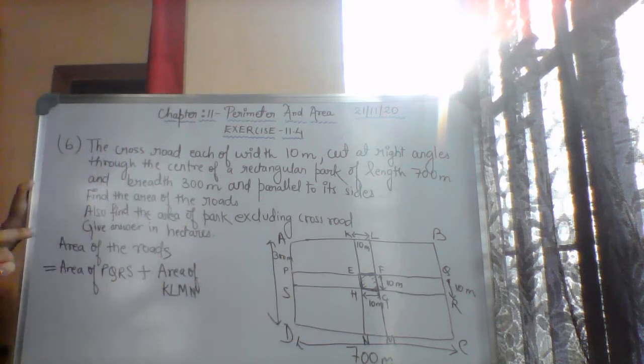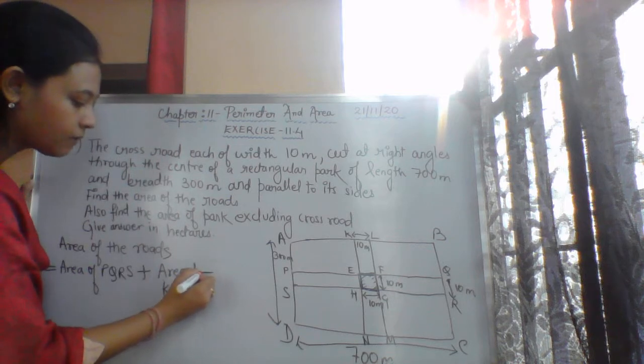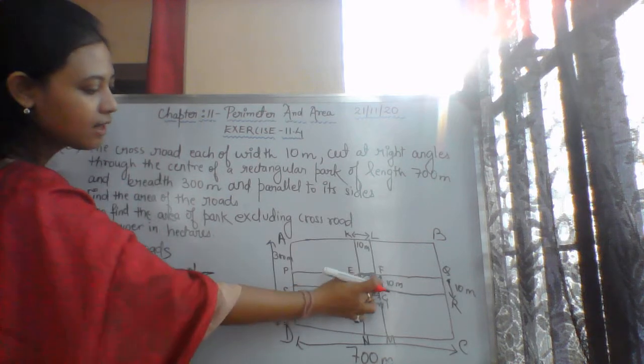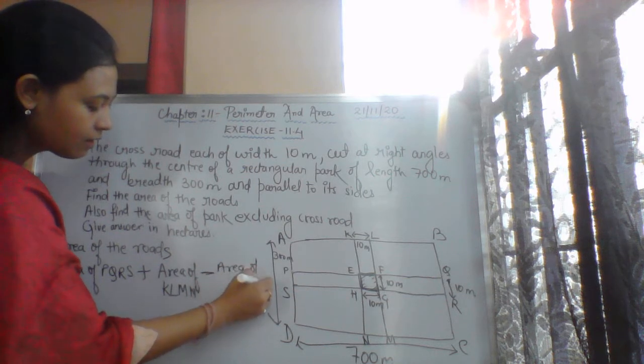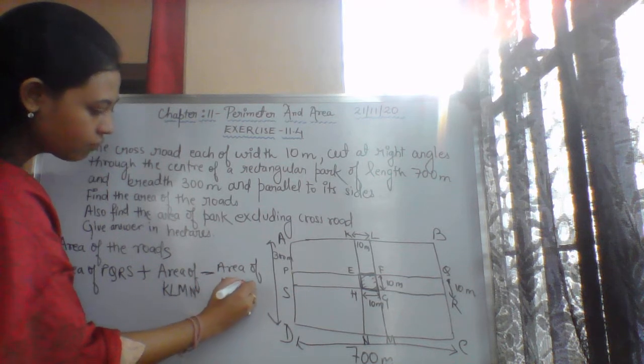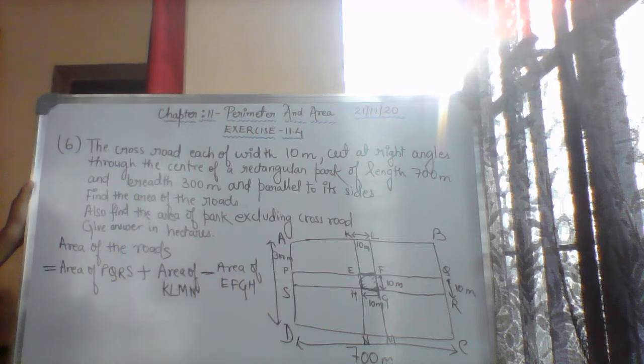So only once we need it, so one time I have to subtract that part. What is the area of this? Area of E, F, G, H.